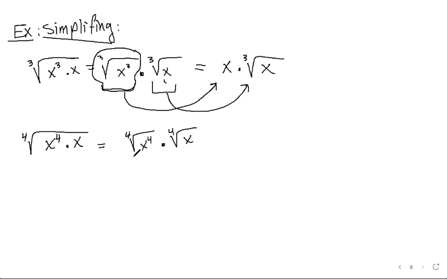And then it's x times. The 4 is even or odd? Even. So that means the absolute value of x for this guy, times, this goes down.